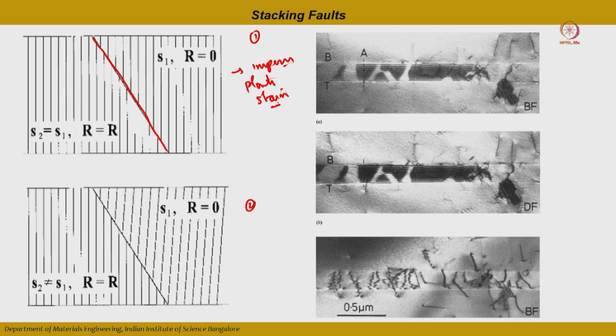Okay. This is your first part, this is your second part. In the first part, you can see that R is equal to 0 for all positions above the fault plane, correct. But in the second part, R is not equal to 0, R has a certain value below the fault plane. So while going across the stacking fault, your R changes.